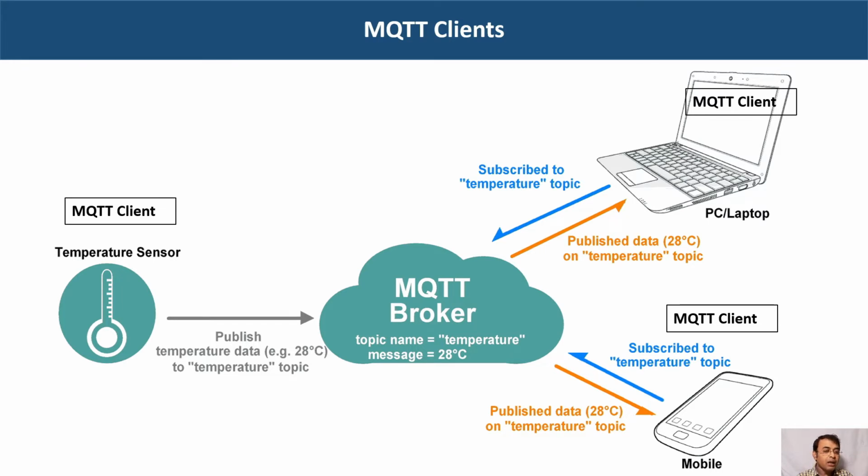Now the other two clients over here are the laptop and mobile. The laptop wants to get data, that is temperature data, from the MQTT broker. That means the laptop must subscribe to that data, that particular topic. So guys, you can see the blue arrow, subscribe to temperature topic.